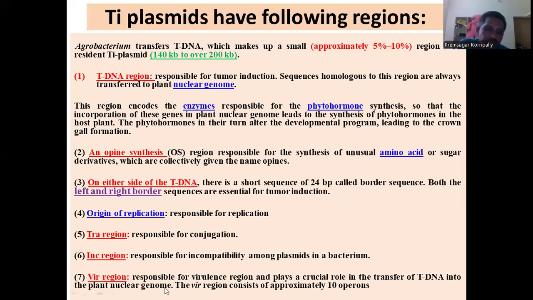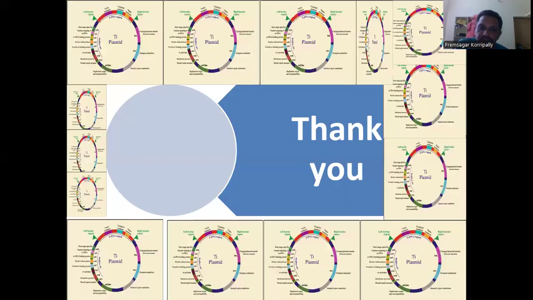And the opine genes encode the unusual amino acids and serve as a carbon and nitrogen source. And as you all know, the origin of replication and Tra regions are responsible for replication and conjugation. So this is all about the various elements present in the Ti plasmid and their functions.